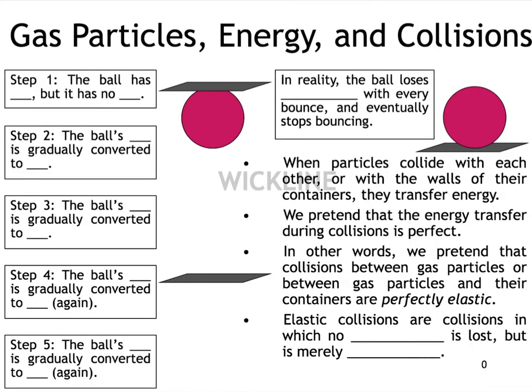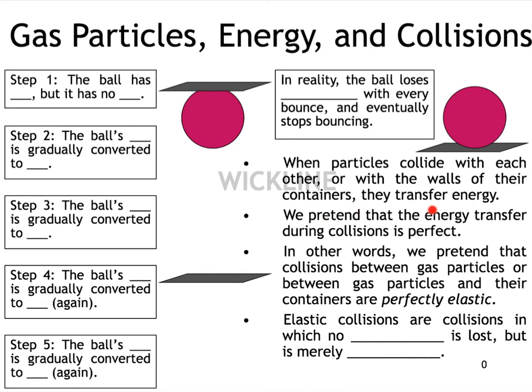Okay, so a lot on this slide you're not responsible for writing down. I'll just point out what you do need to write down, because all these notes over here and up here are based on the animation. What you do need to write down is this information. So when particles collide with each other, they transfer energy, and that's kinetic energy being transferred.